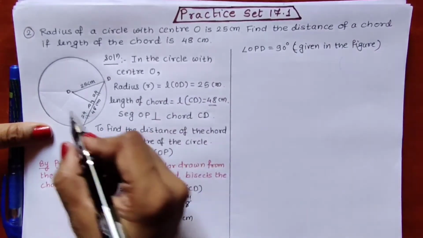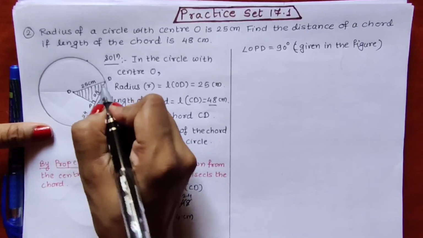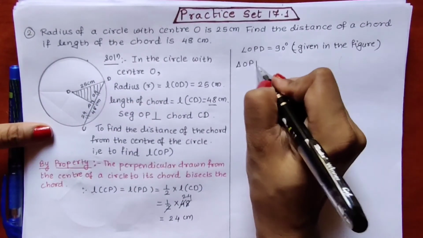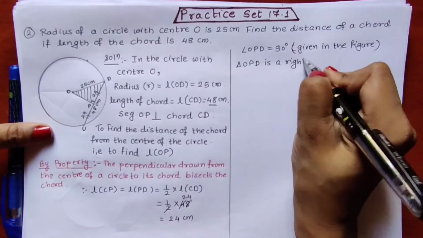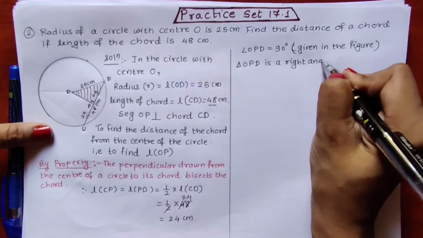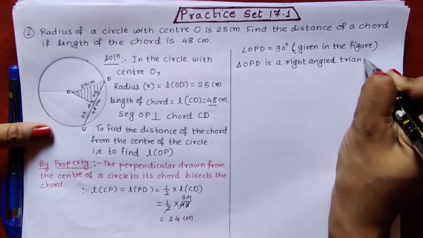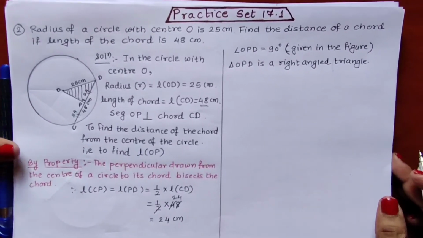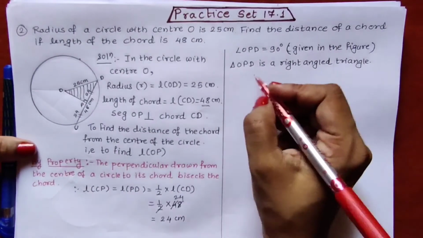That means this triangle OPD is a right angled triangle. And we all know in a right angle triangle we can apply Pythagoras' theorem. So I will be writing, by applying Pythagoras' theorem.